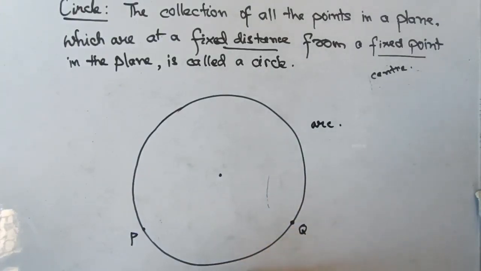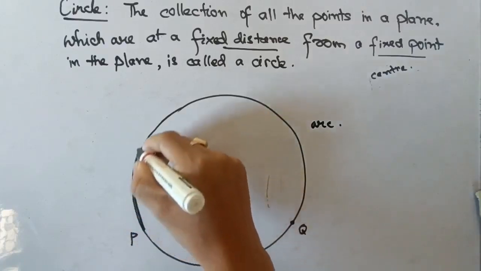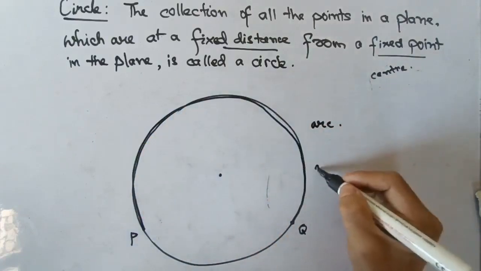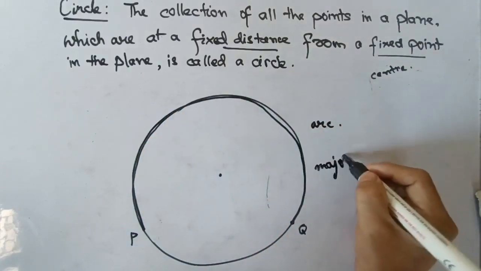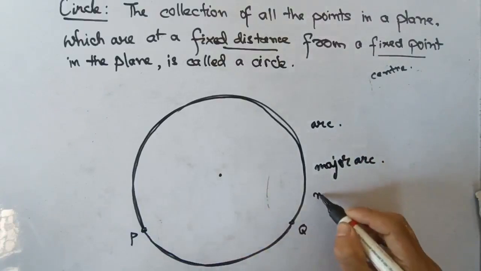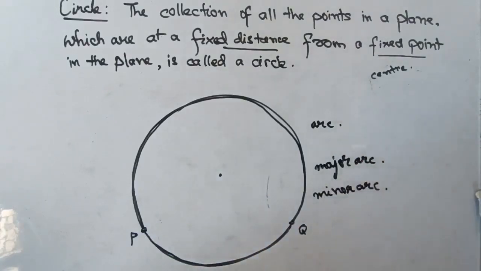So there are 2 arcs, the major arc and the minor arc. The larger piece of the circle, this part, is called the major arc, and the smaller piece divided by these 2 points, this piece of the circle, is called the minor arc of the circle.